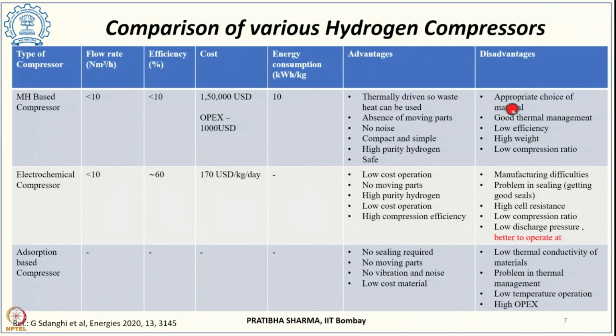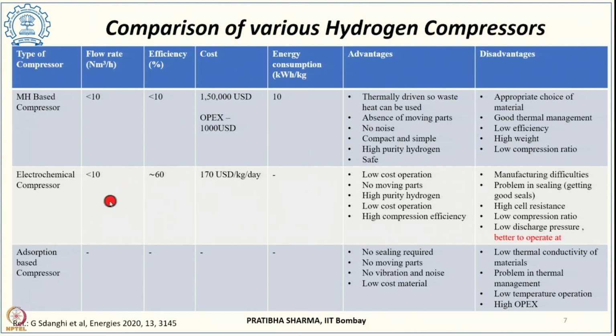Disadvantages, appropriate choice of material is required, that plays a crucial role. Thermal management again is very important, they have a lower efficiency, weight is higher, the gravimetric capacity of these metal hydrides which are used is lower, and we can achieve a lower compression ratio.